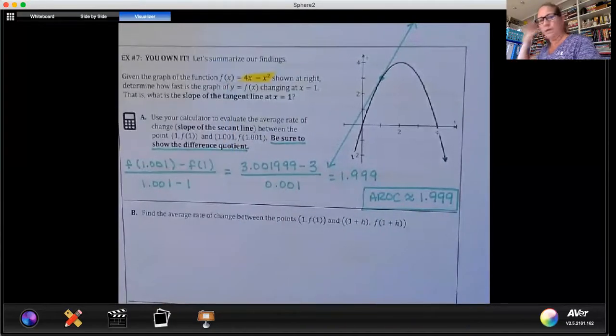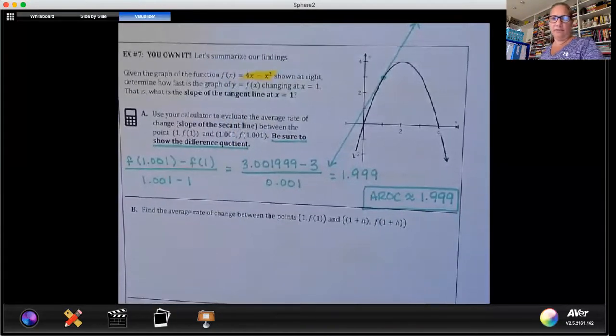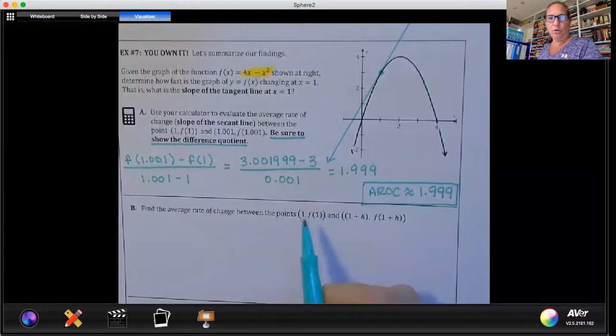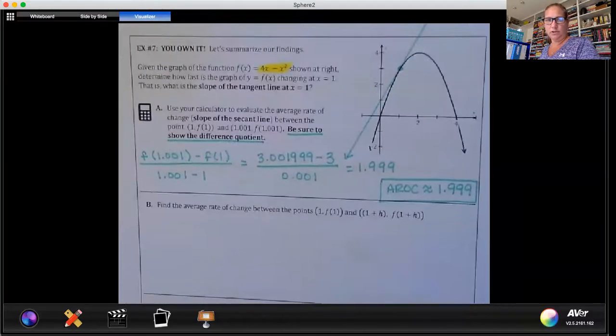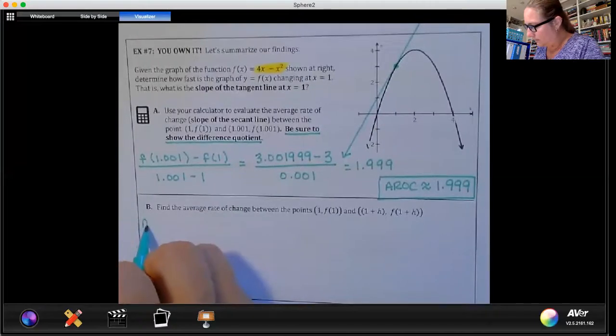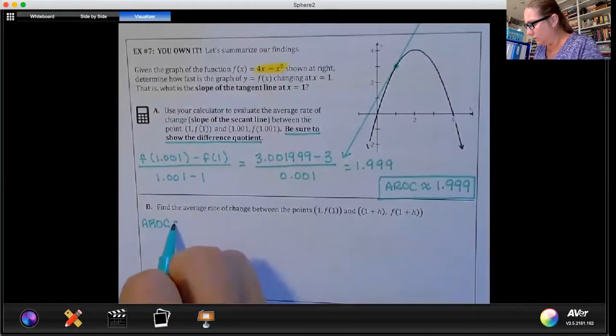So find the average rate of change between the points 1, f of 1 and 1 plus h, f of 1 plus h. Average rate of change, again, is going to use that difference quotient.